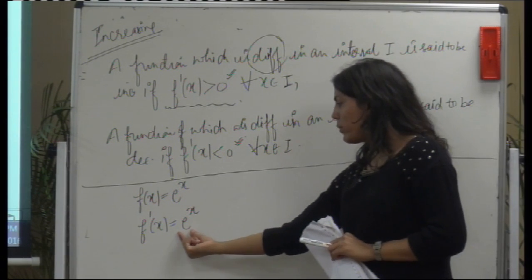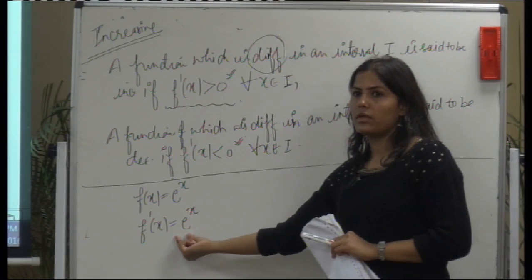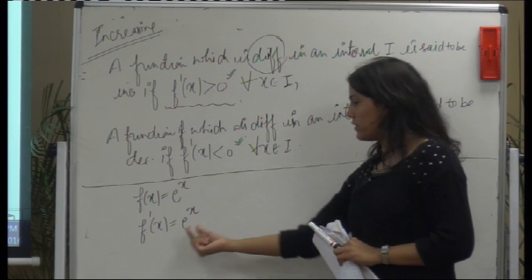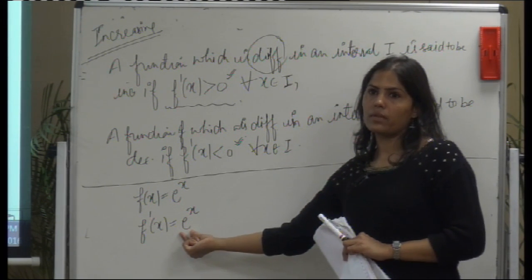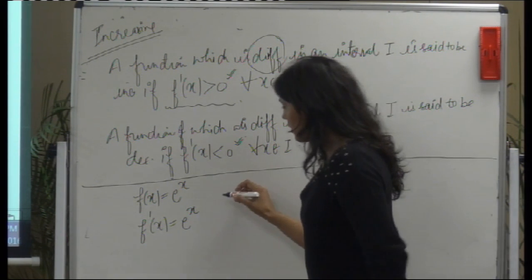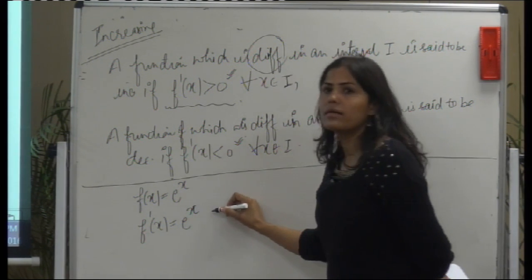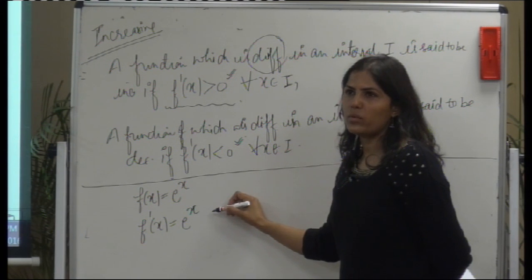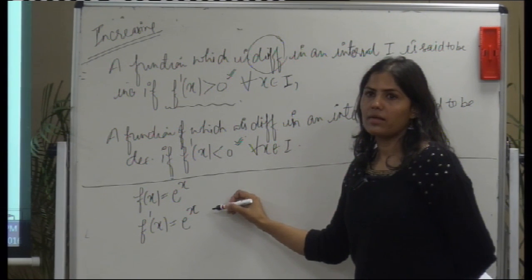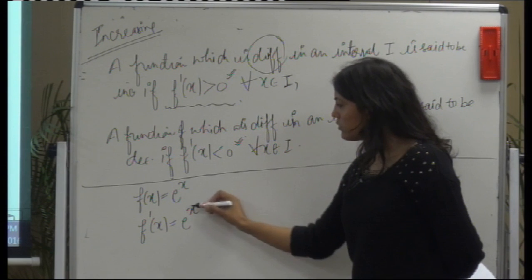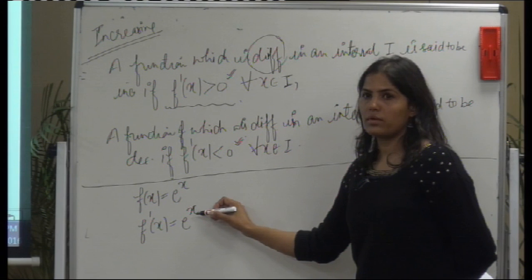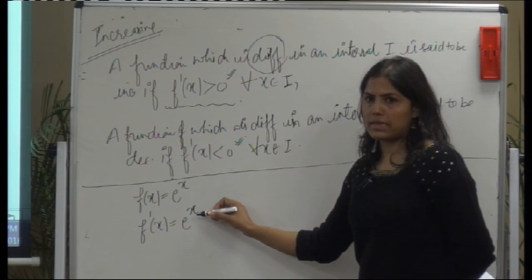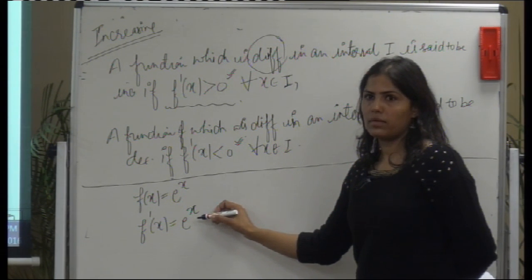But you know about this function. This is an exponential function. So what about the behavior of this function? Ever increasing means the value of this is always greater than 0. Always. It is never 0. Is there any value where it is 0? Never ever?